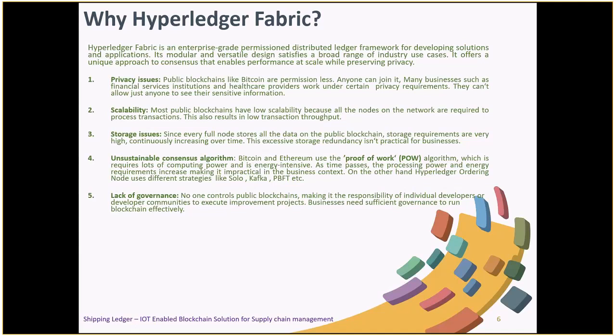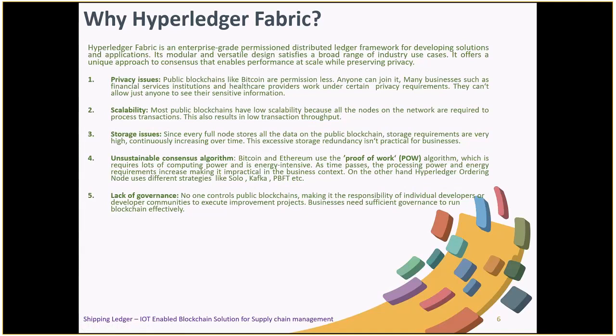They cannot allow just anyone to see their sensitive information. The second is scalability. Most public blockchains have low scalability because all nodes on the network are required to process transactions. This also results in low transaction throughput.